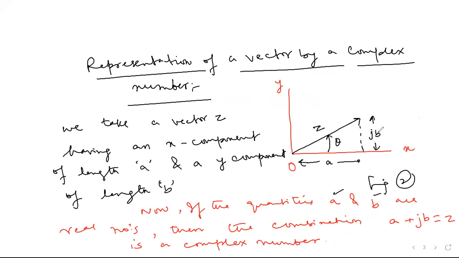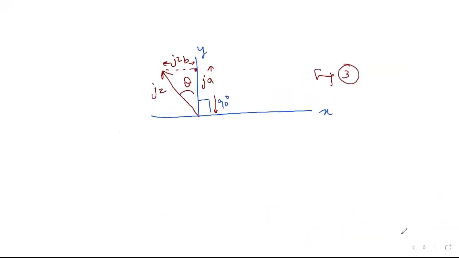The thing attached with j was b, so b was its y component, and the thing without j was a, representing its x component. So it was making angle theta with the x-axis. Now, what is the thing with jz? It is making theta plus 90 degree angle with the x-axis.